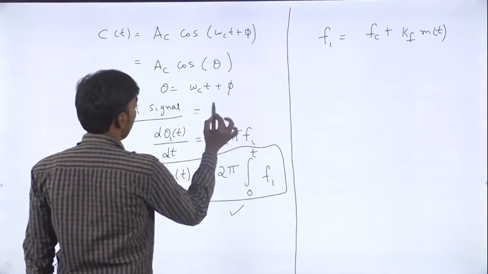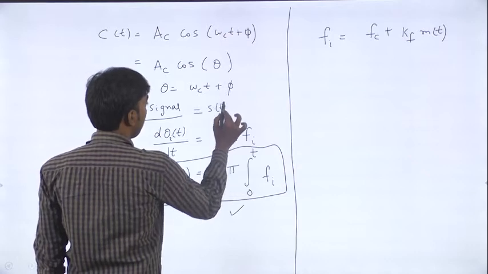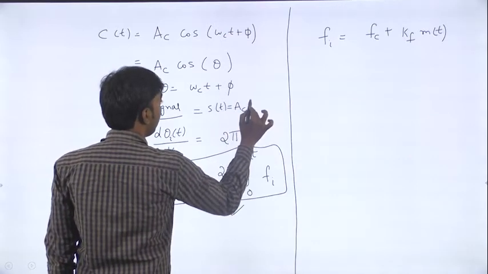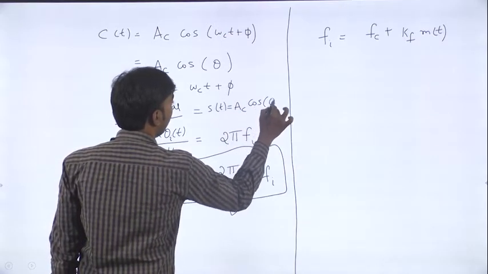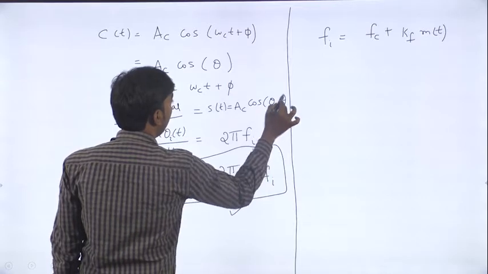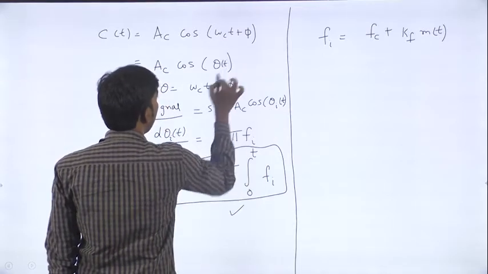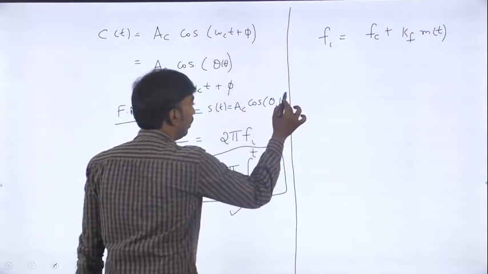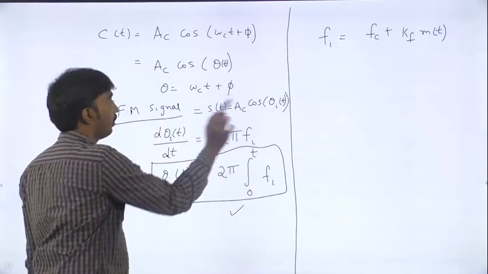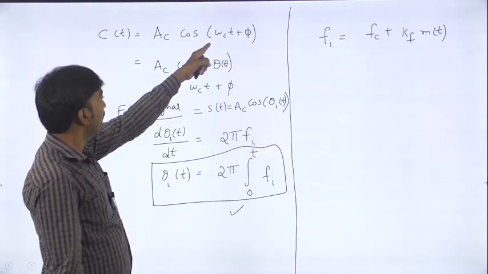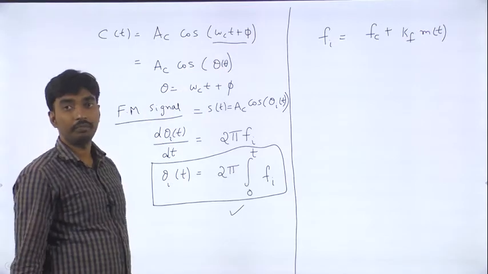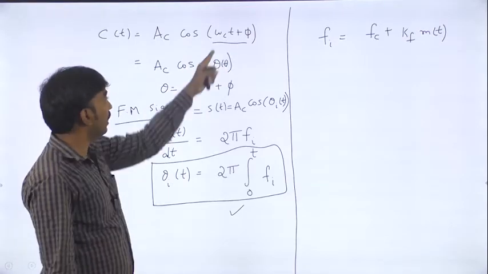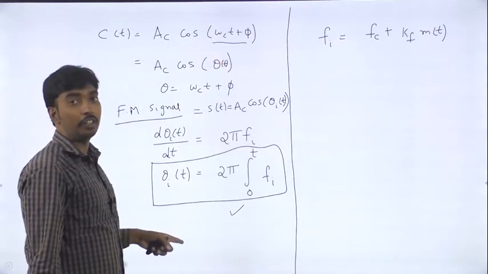Now the FM signal s of t is equal to Ac cos theta i of t. This is my modulated FM signal. Only this one is changing. If I differentiate that, I'll get the frequency modulation.